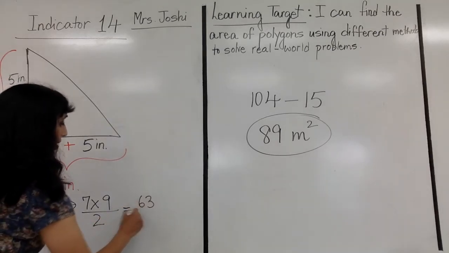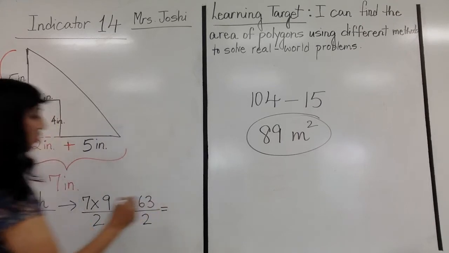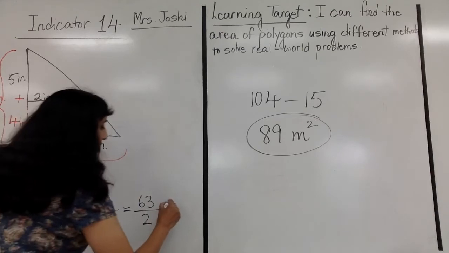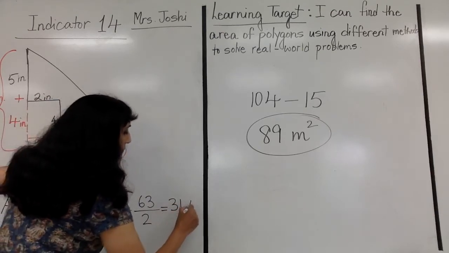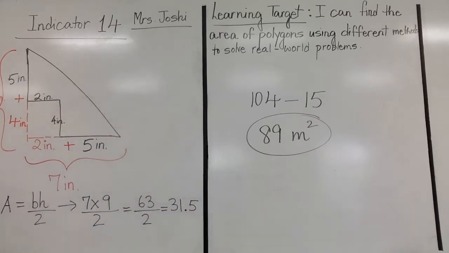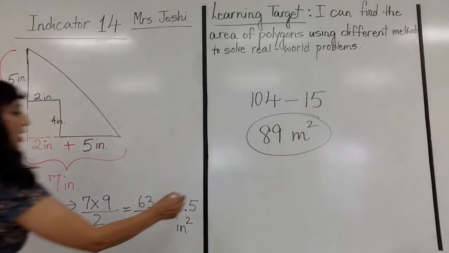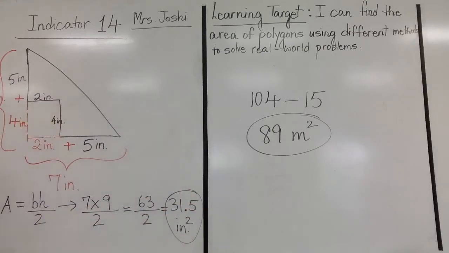Yes, I am going to end up with a decimal, which is 31 and 5/10. So this is my area of the entire triangle.